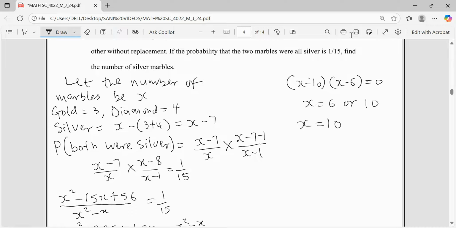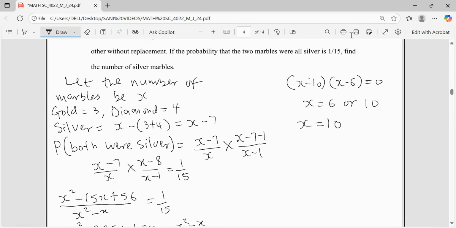Why is our x equal to 10? Because the total marbles should not be less than the sum of both gold and diamond marbles. Don't forget in the question you have 3 gold and 4 diamond, which is 7. So therefore, the total should be 10 because we cannot have x as 6. 6 is less than the total of gold and diamond. So the total marbles should be 10.